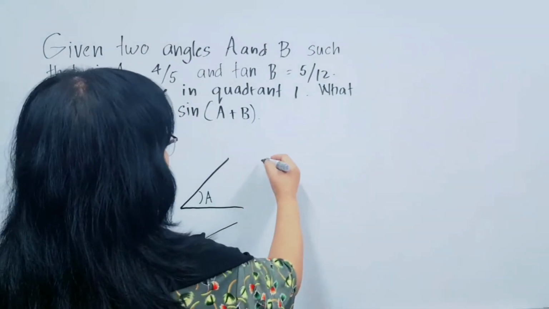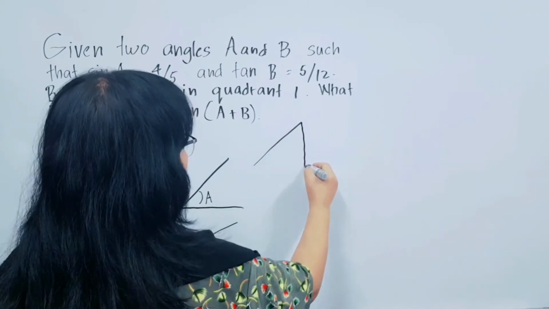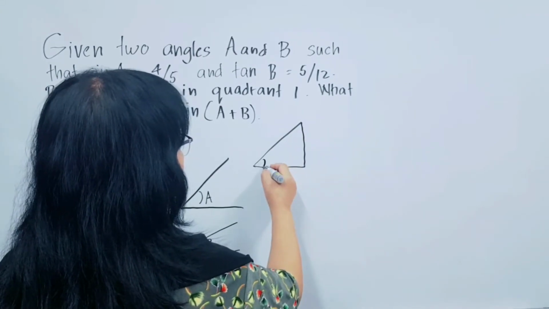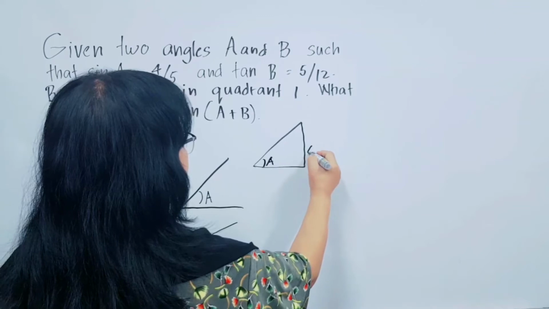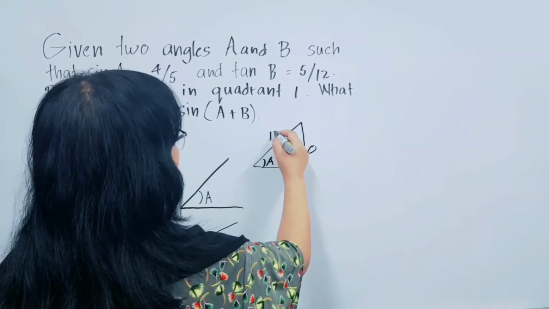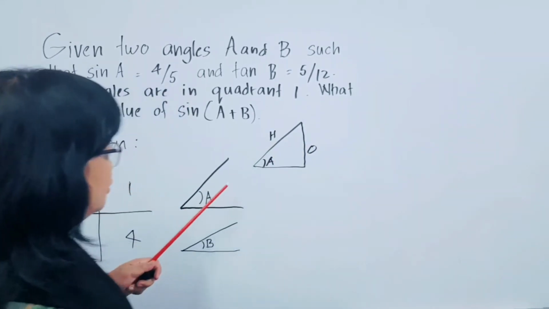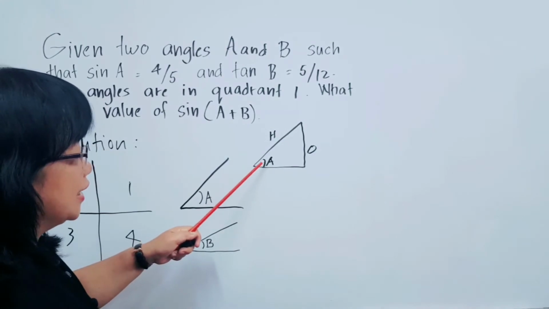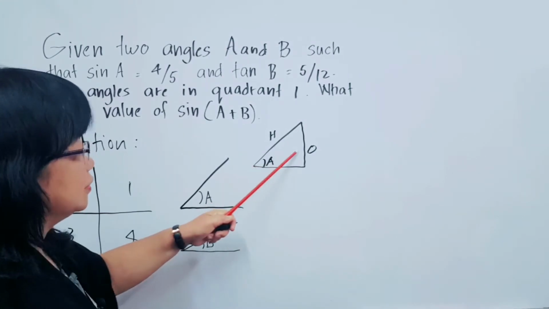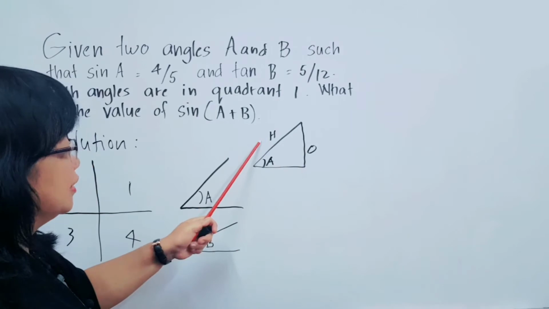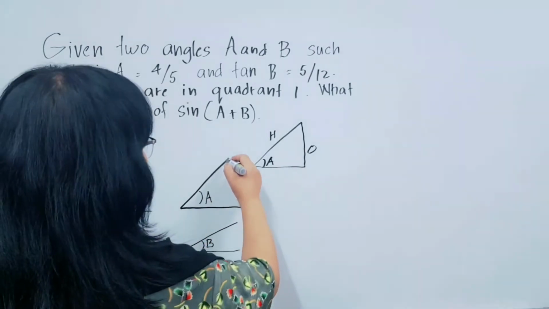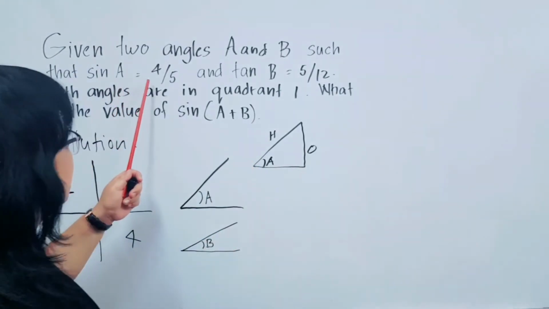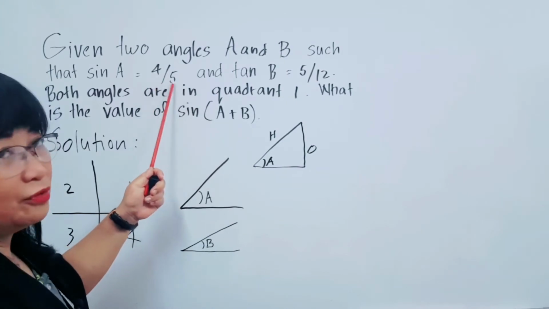So, in a triangle, for example, this is A. So this is the opposite, this is the hypotenuse. So sine A is equal to opposite over the hypotenuse. If we make this one, it is written here as the value 4 over 5.